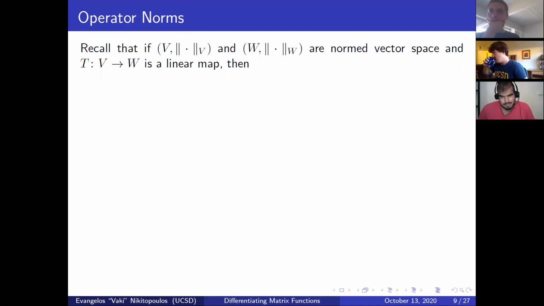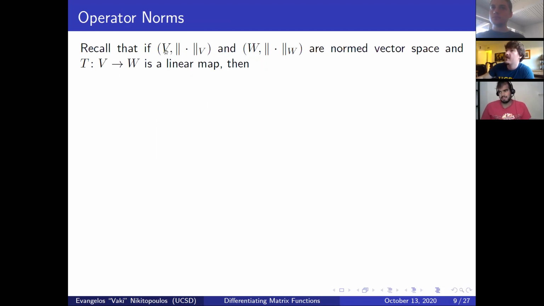All right, so the reason we care about unitary diagonalization is going to be a proposition that I'm going to put on this slide, and it has to do with an expression for the operator norm of a normal, i.e. unitarily diagonalizable matrix. Let me recall what the operator norm is.